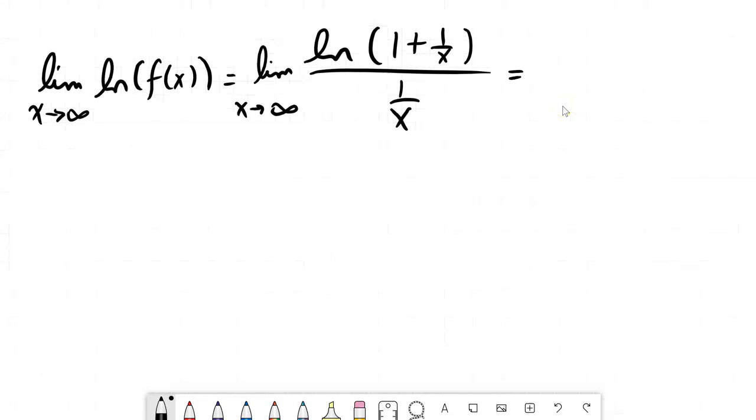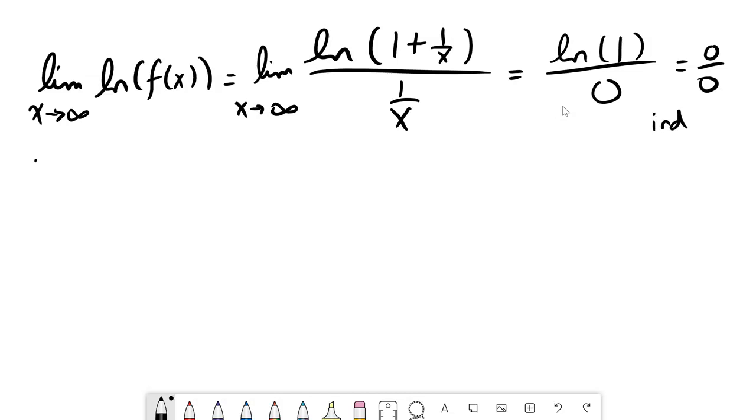So now we should just make sure this is an indeterminate form we can work with. The natural log of 1 plus 0, so it's just 1, divided by what? 1 over infinity, that's 0, which is 0 over 0. It's an indeterminate form. So therefore, use L'Hopital's rule, right? Not too difficult yet. And then what we want to do is just find the derivative of the top and the bottom, right?